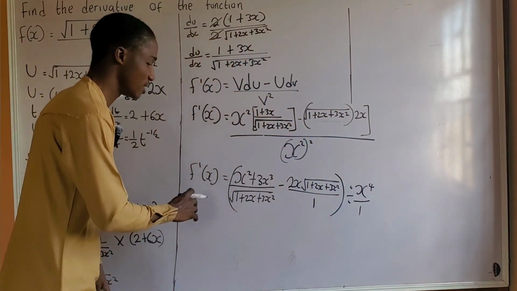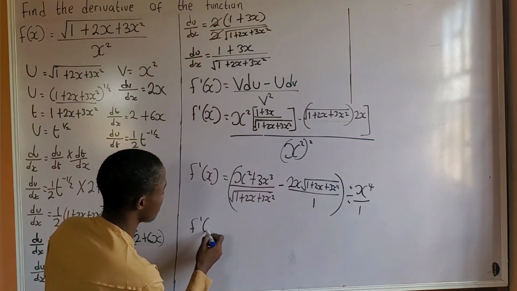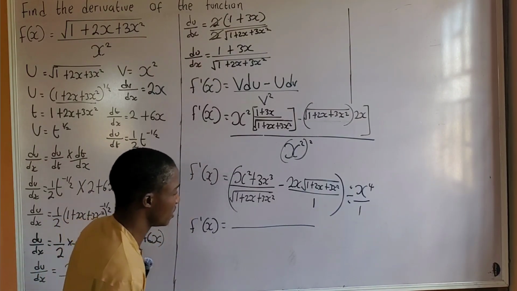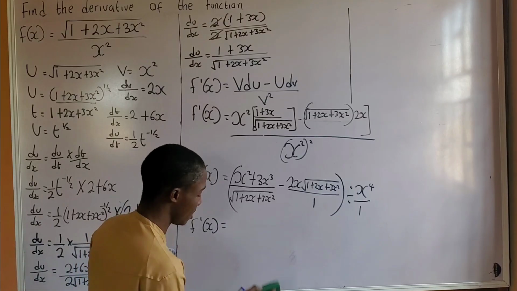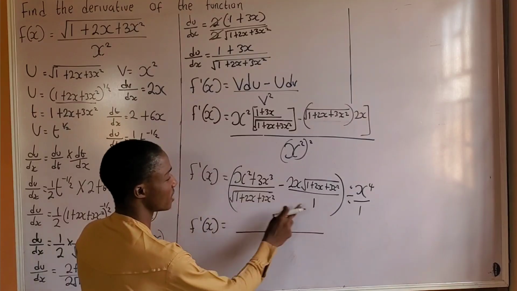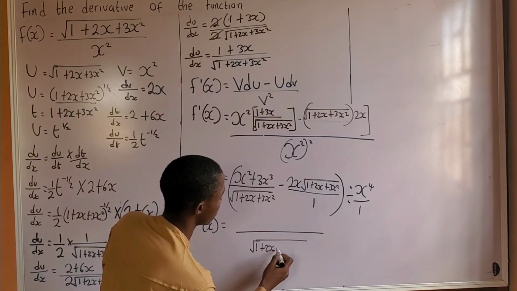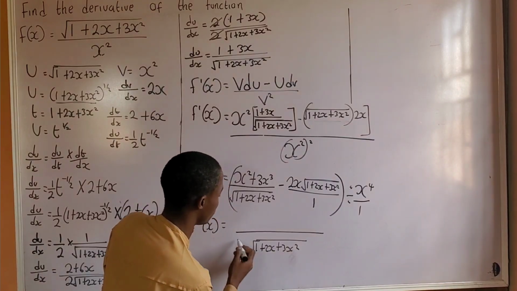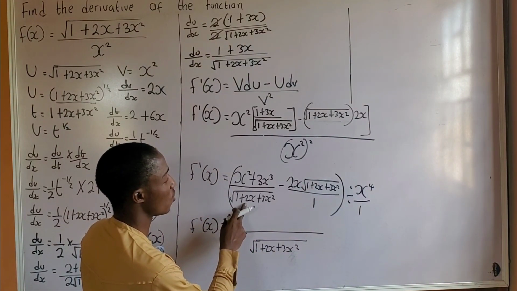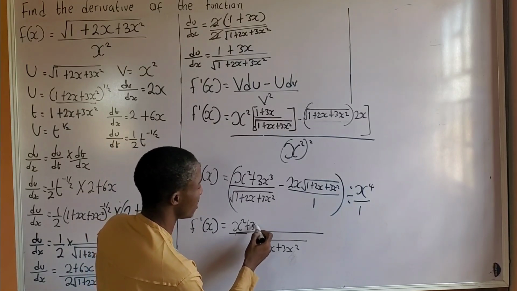Now the next step is that for this, the derivative of f of x will be equals to, now take the LCM. Please pay attention. The LCM will be the product of this and this. So I'm going to have the square root of 1 plus 2x plus 3x squared as the LCM. Now this divided by this, that is 1. 1 times this, I'm going to have x squared plus 3x cubed.